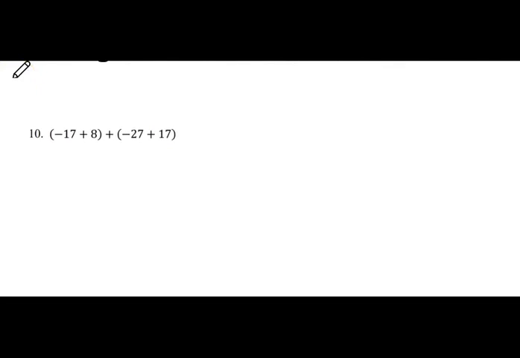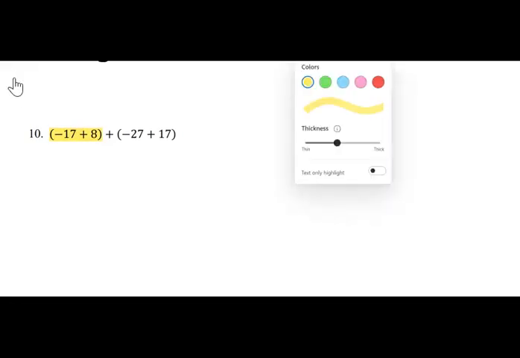Last problem for this section is negative 17 plus 8 as the first group, plus, open parentheses, negative 27 plus 17, close parentheses. So here we're going to do the order of operations. We're going to do the first parentheses first.